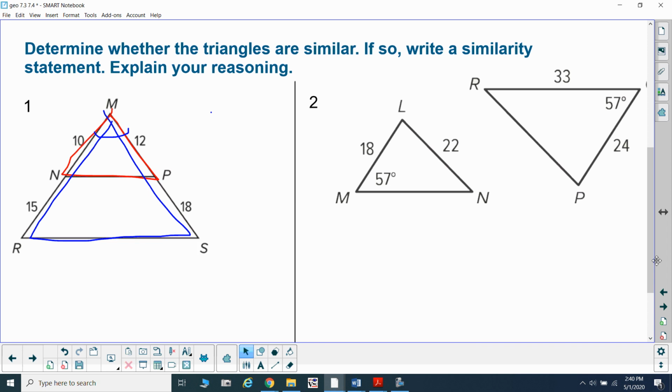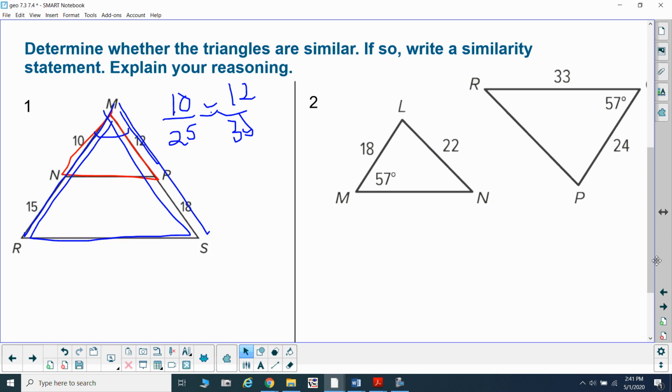We can't go for side, side, side because they didn't give us a third side. We only have one angle because I don't know if those lines are parallel. But I have a 10 on my small triangle over this 10 plus 15, so over 25. And is that equal to 12 on the little triangle over its side, 12 plus 18, 30?